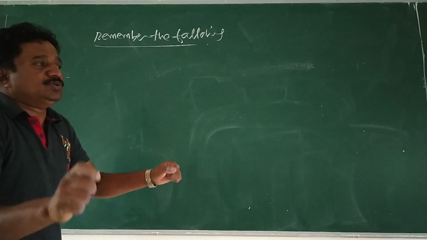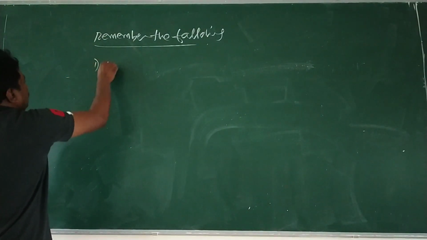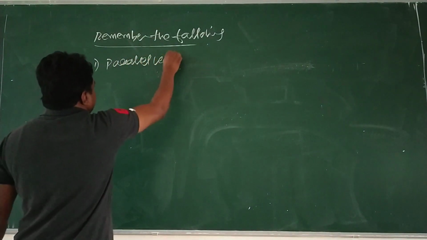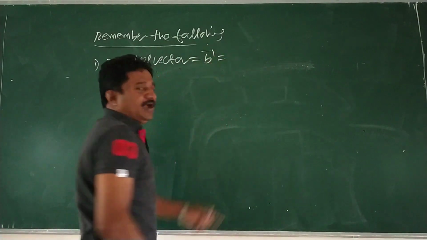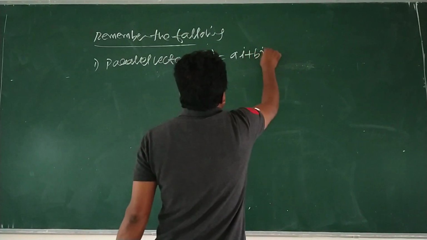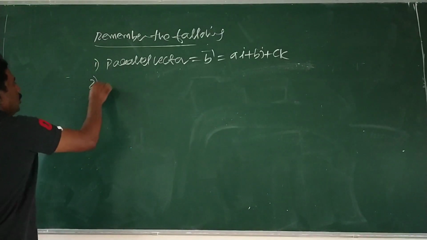This makes you feel that it is easy, right? First one, parallel vector. We always take a parallel vector as ai plus bj plus ck.